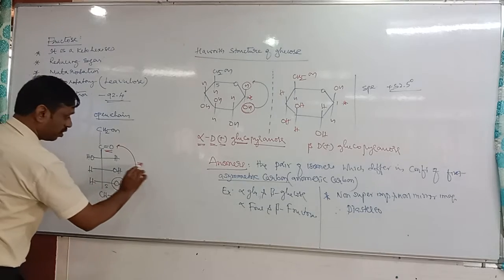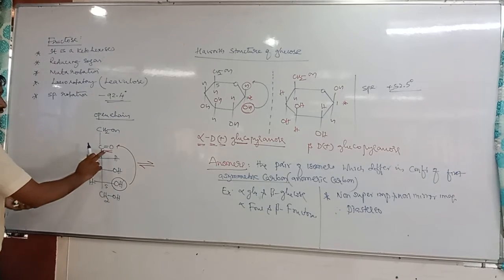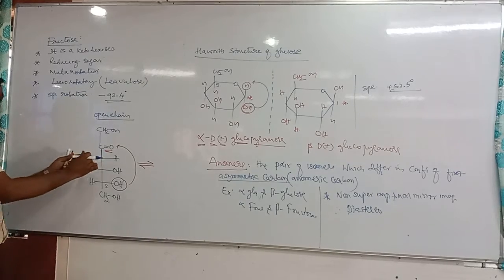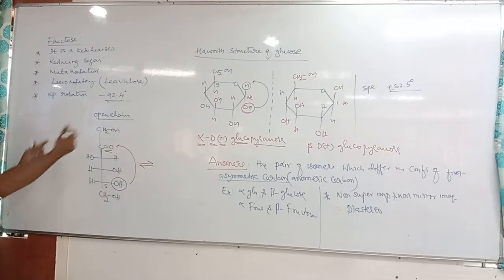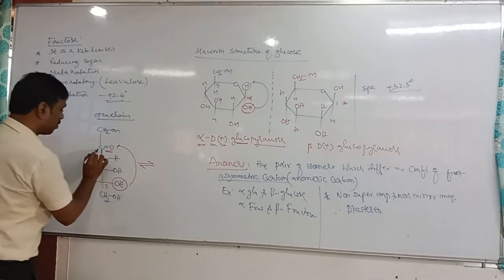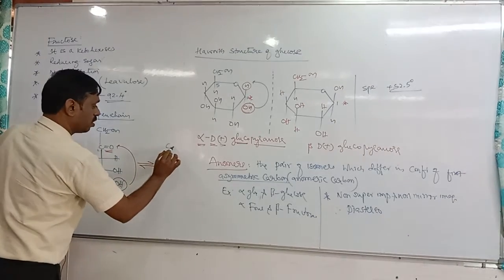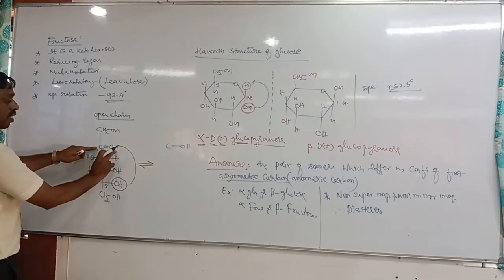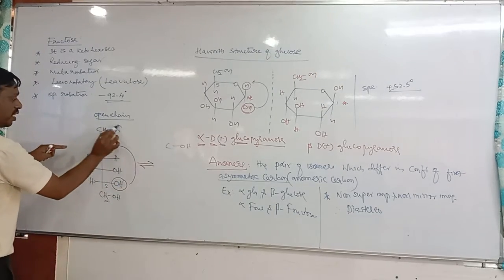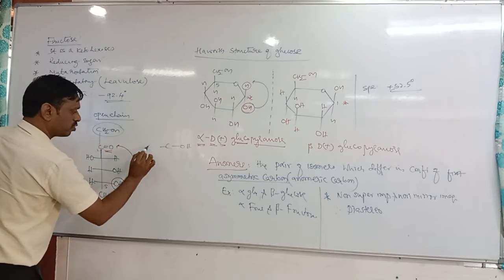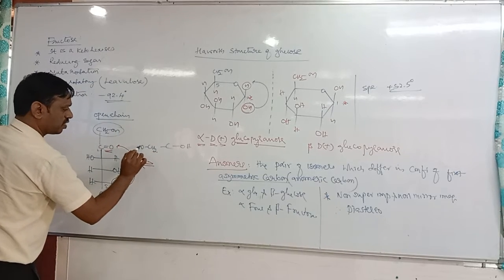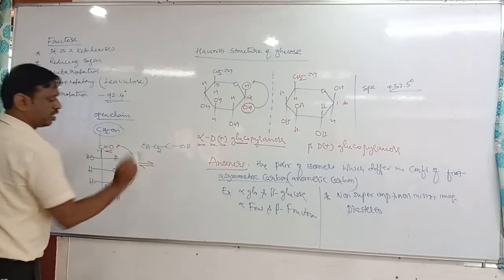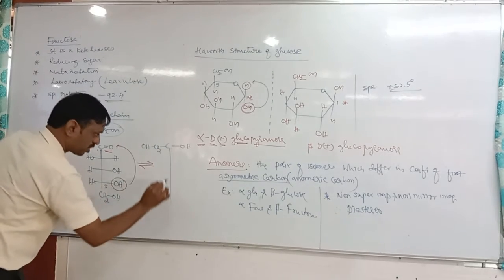Okay, therefore the difference is this second carbon keto group can convert into alcohol. That alcoholic group may come right side, it may come left side. Suppose this second carbon OH comes right side, it becomes alpha. And this C double bond O converts into OH. The remaining is CH2OH, which comes left side, like this. The remaining structure is the same.